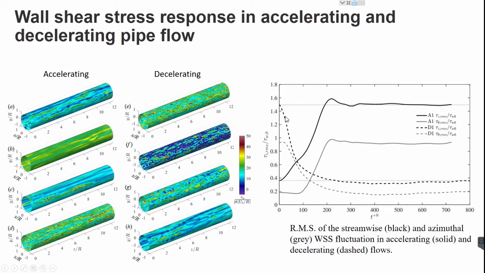In the decelerating case also, there are some differences. So there's also this delay in the azimuthal direction as well for the decelerating case, but the time delay is quite different if we compare to the accelerating case.